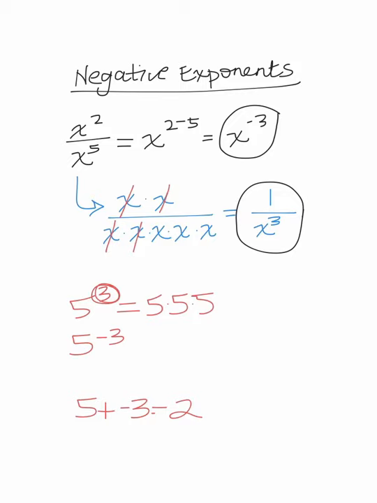So a negative in math actually means we do the opposite. So if a positive 3 was multiplying 5 3 times, then a negative 3 is dividing 5 3 times. And obviously, we don't have anything on the top. It's a 1. 1 is our placeholder for multiplication. All right, so let's look at some examples and I'll show you how this works.